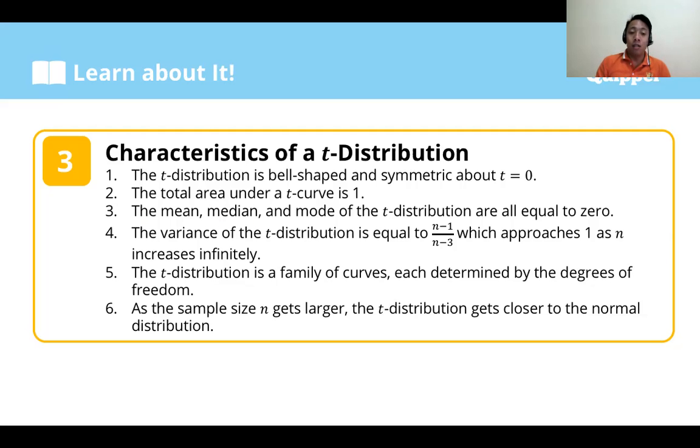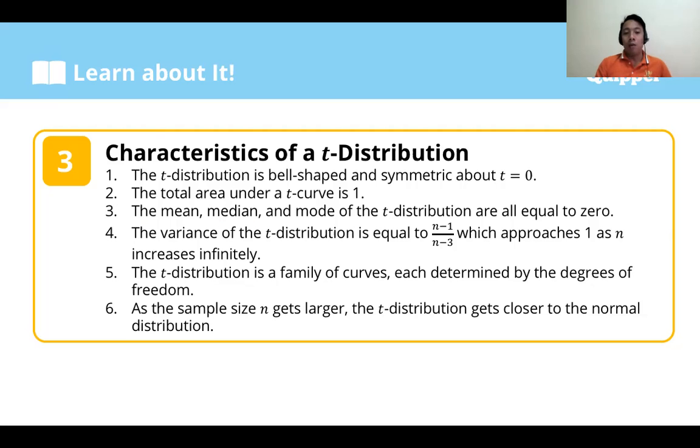Okay? Number 5. The t distribution is a family of curves determined by the degrees of freedom. So it's important to know about the degrees of freedom kasi part siya ng ating t distribution. As the sample size n gets larger, the t distribution gets closer to the normal distribution.